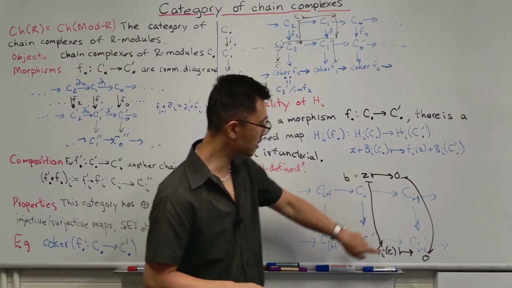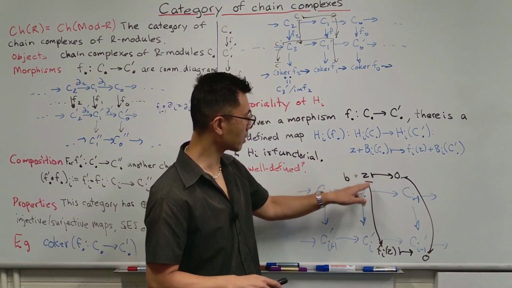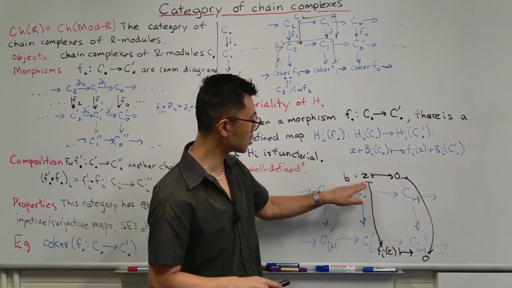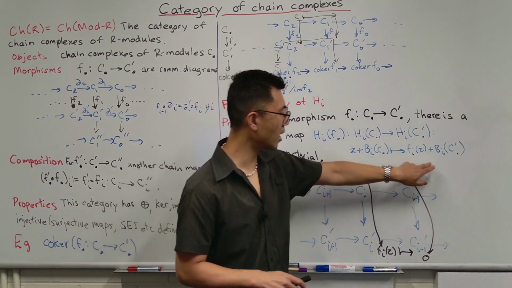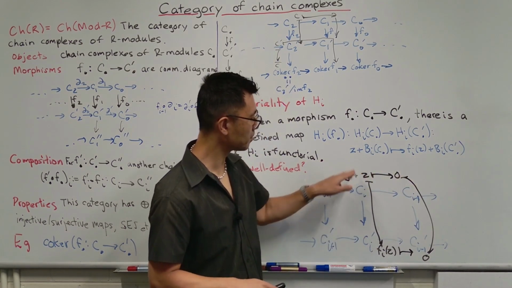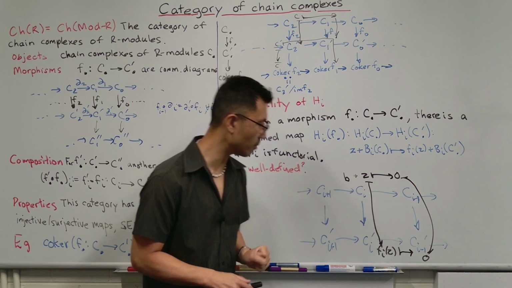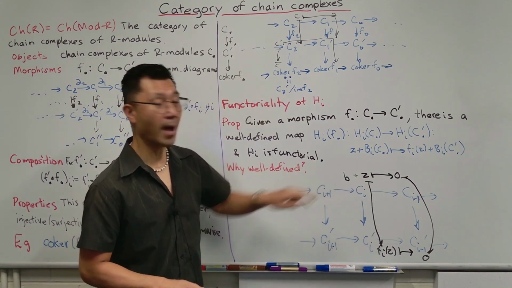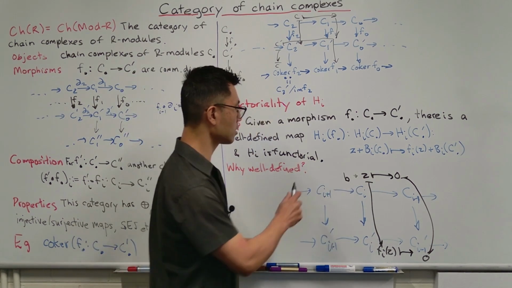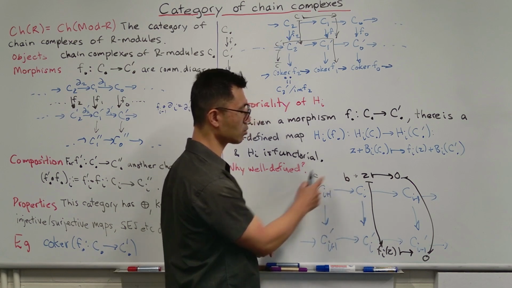Remember this is where this element goes to. This homology class is just the homology class of what you get when you apply F_i to this element. So we're going to apply F_i to that element. This is a boundary, so it comes from something inside here. That's what it means to be a boundary.